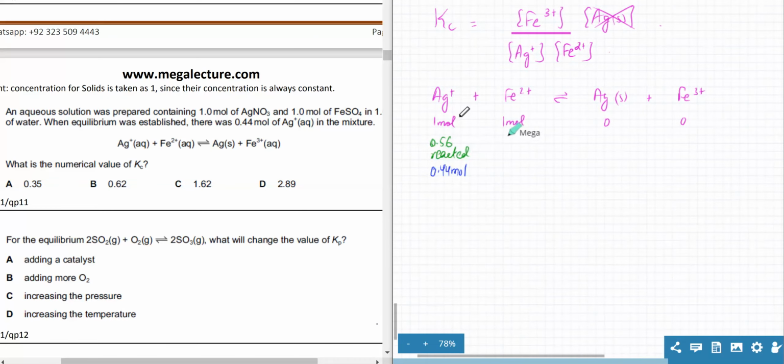And if 0.56 are reacting, it's 1:1, so 0.56 of Fe2 plus would also react, and that would leave you with 0.44 moles as well. Since everything is 1:1, 0.56 react with 0.56. On the other side, 0.56 of this and 0.56 of this would be produced.